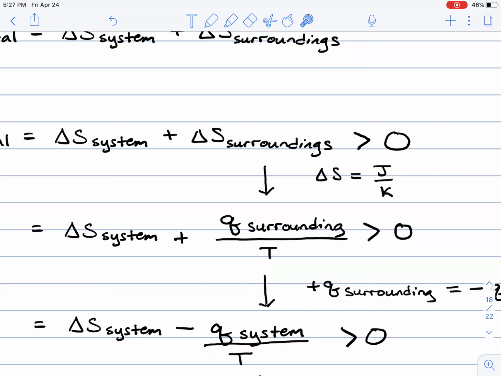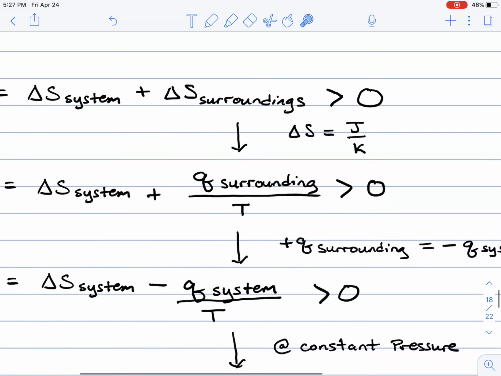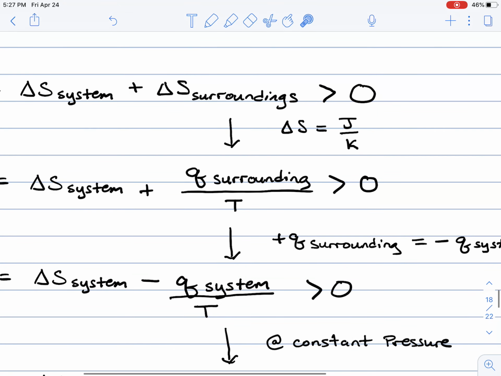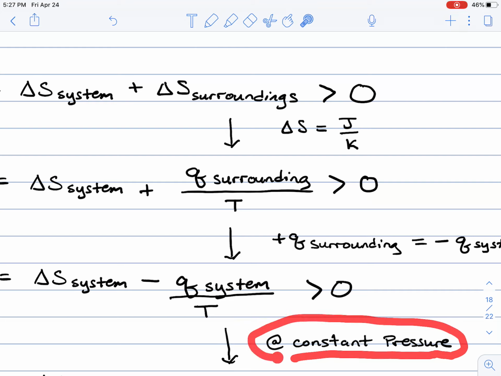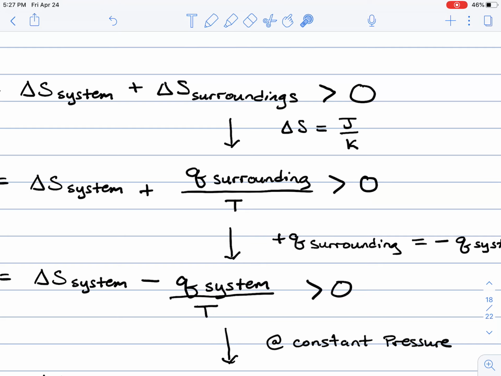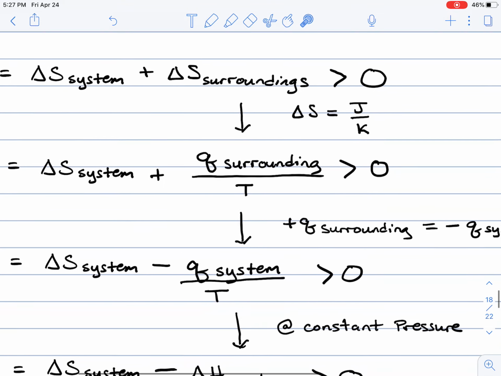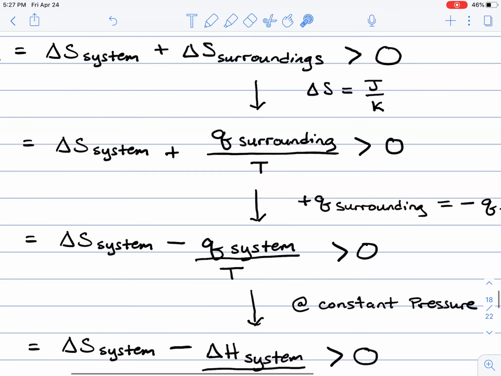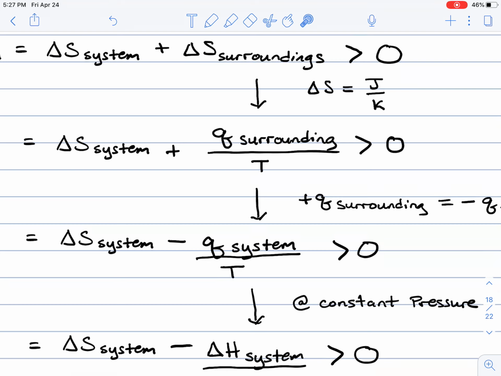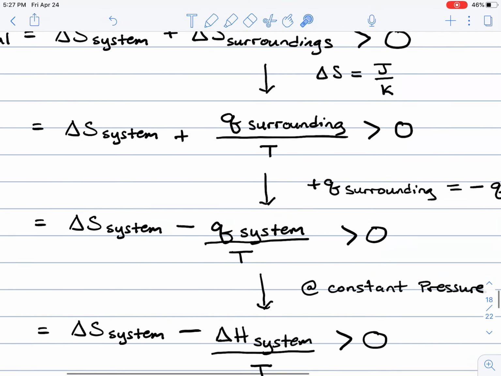And so if we are measuring the heat that the system lost at constant pressure, what thermodynamic quantity do we get? We get enthalpy. And so the heat of the system, if it's measured under constant pressure, will give us the enthalpy of the system, or the change in enthalpy of the system.